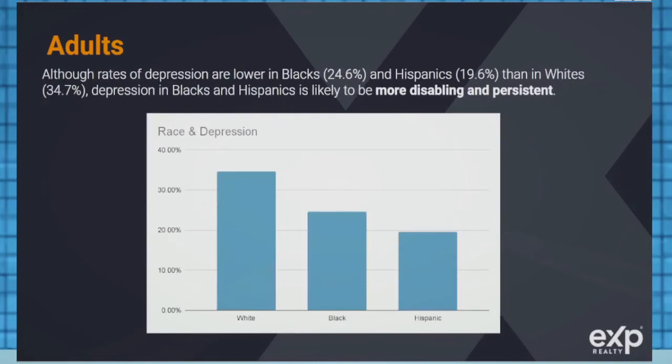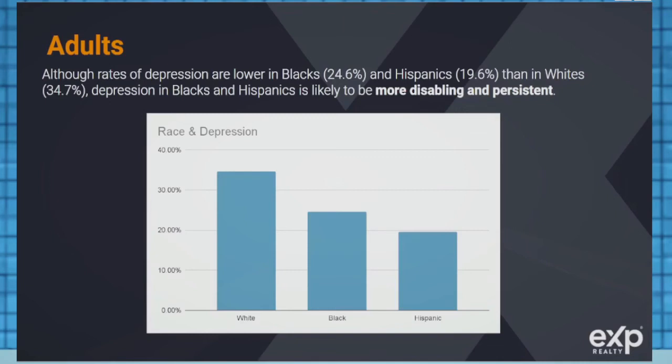And then, as we spoke about on one of our early slides, while rates of depression are lower in blacks and Hispanics than in whites, depression in blacks and Hispanics is likely to be more disabling and persistent. And research behind that actually shows that while it's difficult to receive any sort of government assistance for depression or anxiety, the black community and the Hispanic community are far more likely to be able to have all the documentation necessary to prove that their disabilities in these areas are serious enough to stop them from being able to work.